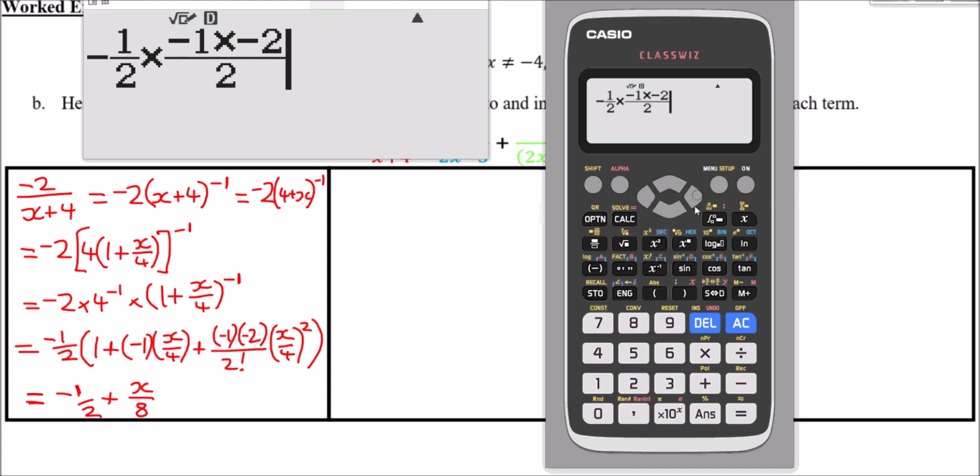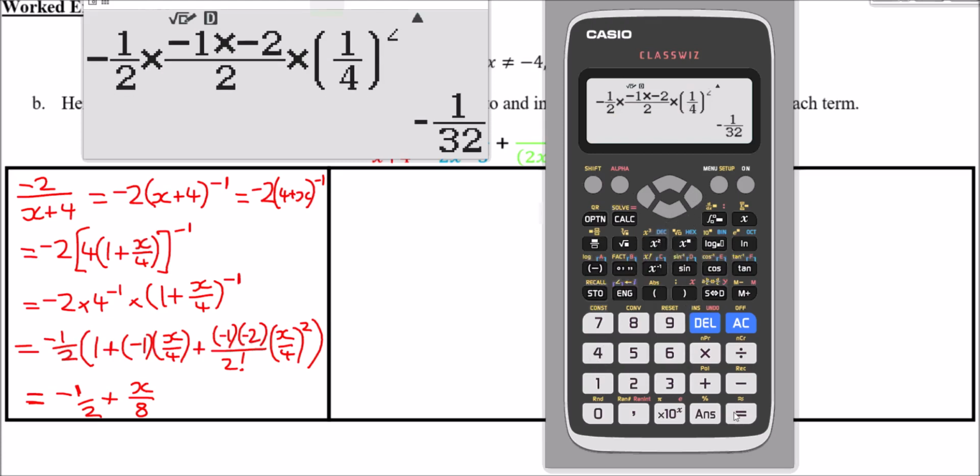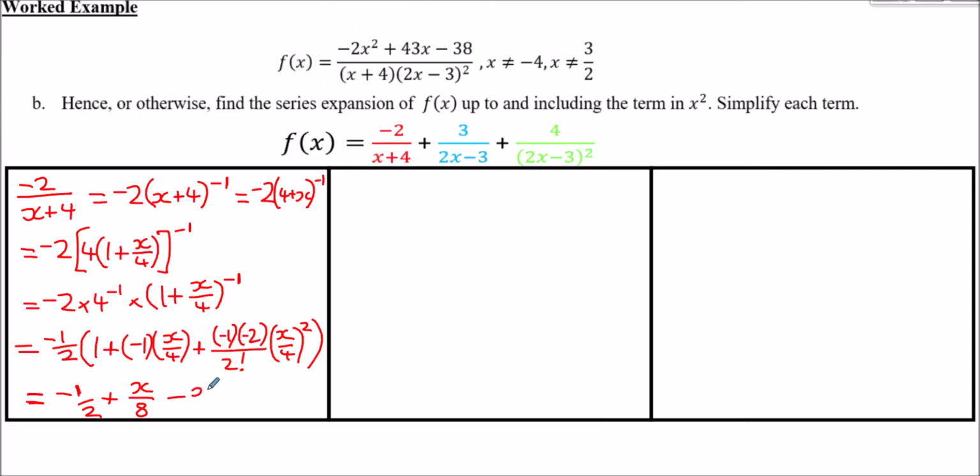And we're multiplying that by x over 4 squared. So I'm going to multiply that by a quarter squared to find the coefficient of x. We get negative 1 over 32. So we're going to have minus 1 over 32 x squared. So essentially just minus x squared over 32.